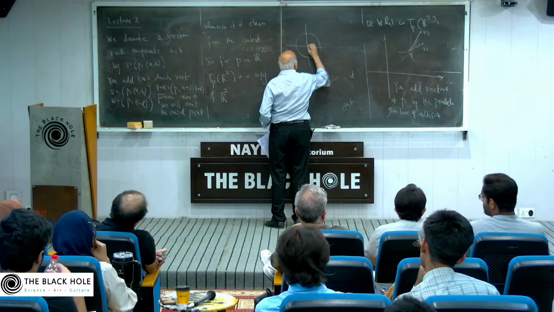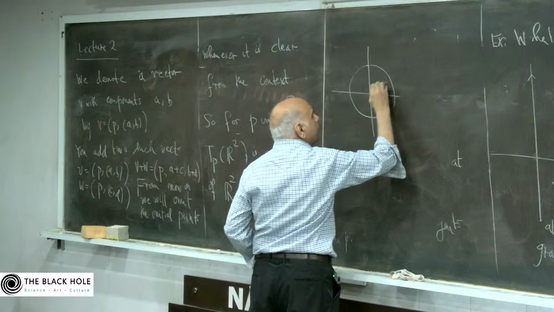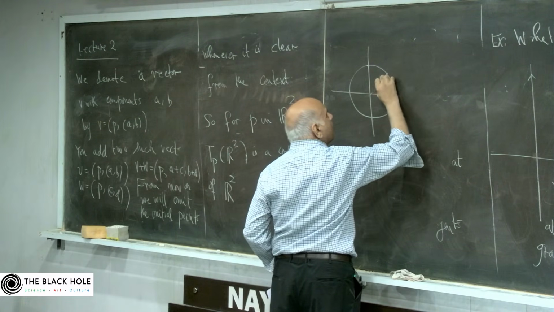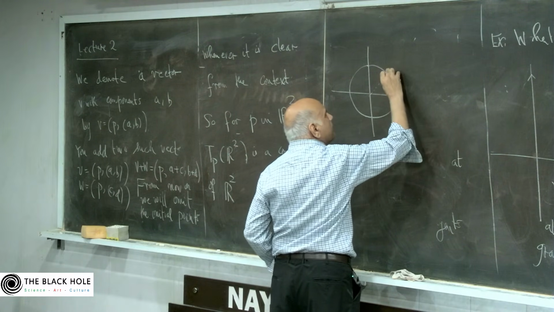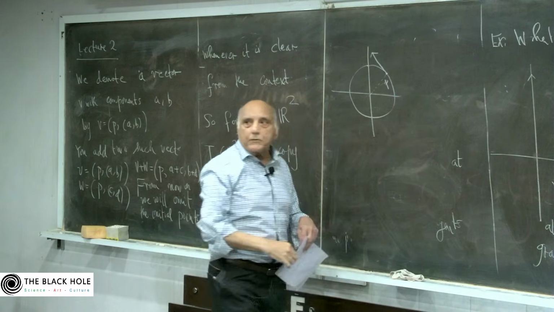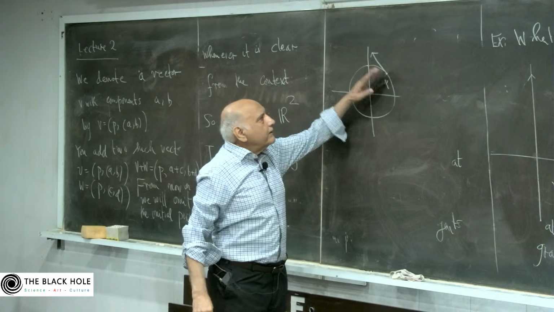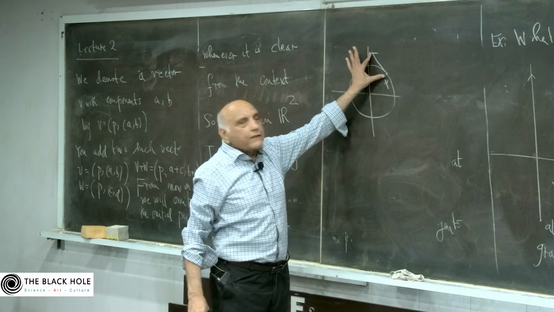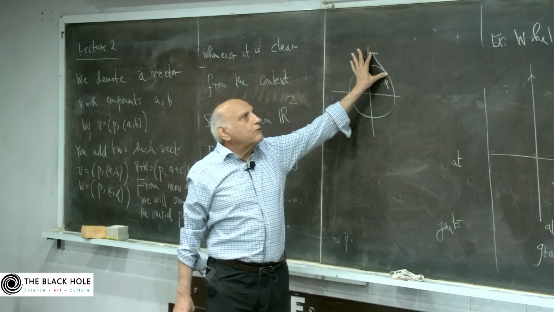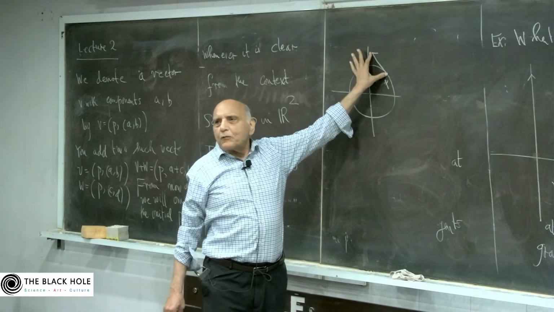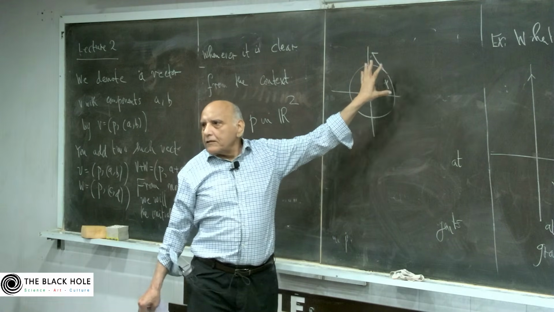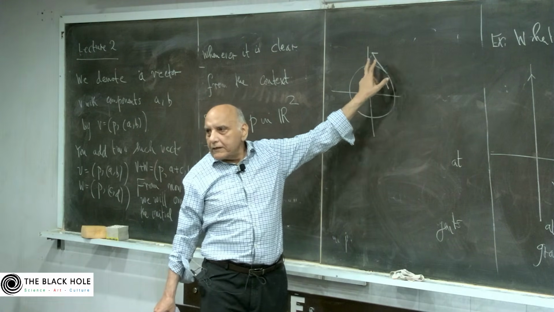So here is a point P, and the tangent is this one, right? This position vector and this vector are perpendicular. So what's the tangent bundle, as we call it in mathematics? It's all the points together with the tangent vectors.